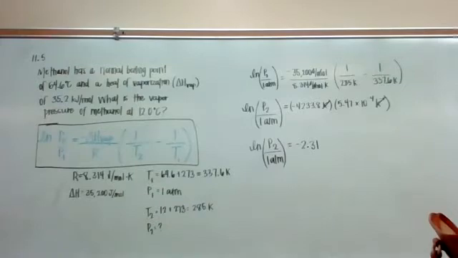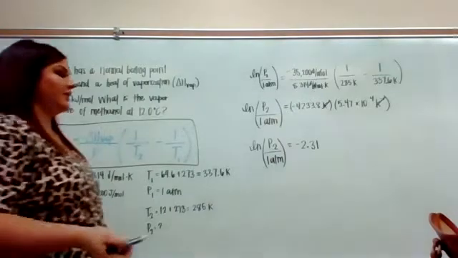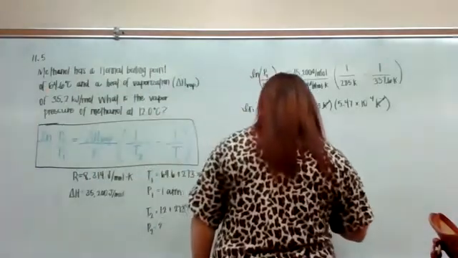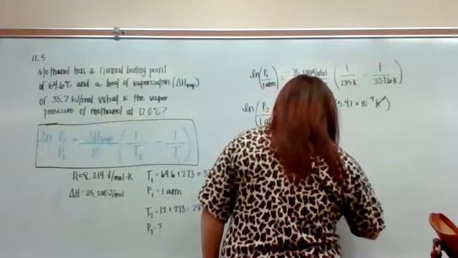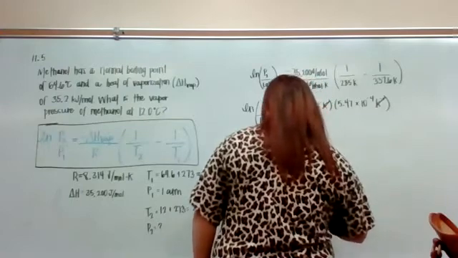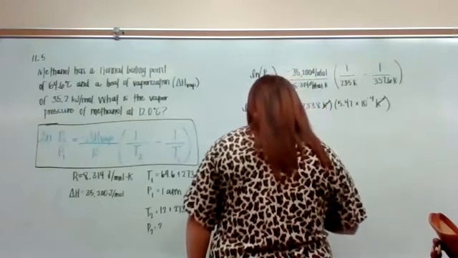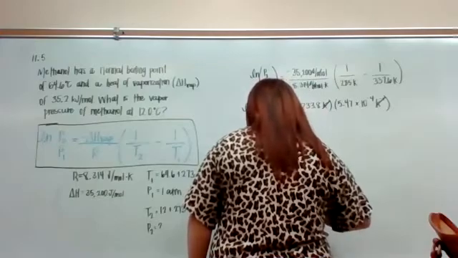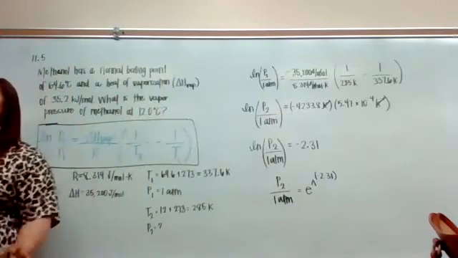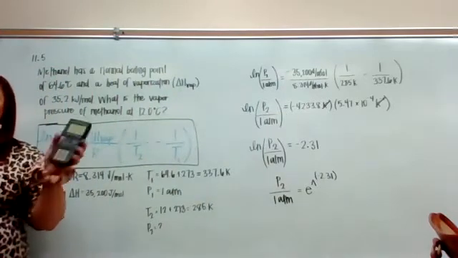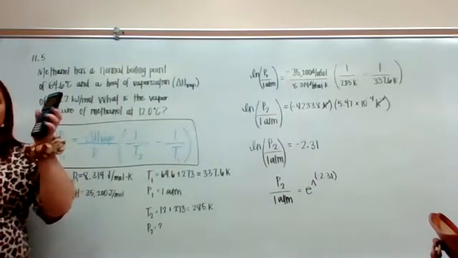All right, so to get P2 by itself, I've got to get rid of this ln. To get rid of the ln, I take the inverse ln. So the inverse is just E raised to this power. You can find the ln on your calculator. It's under log if you have one of these.